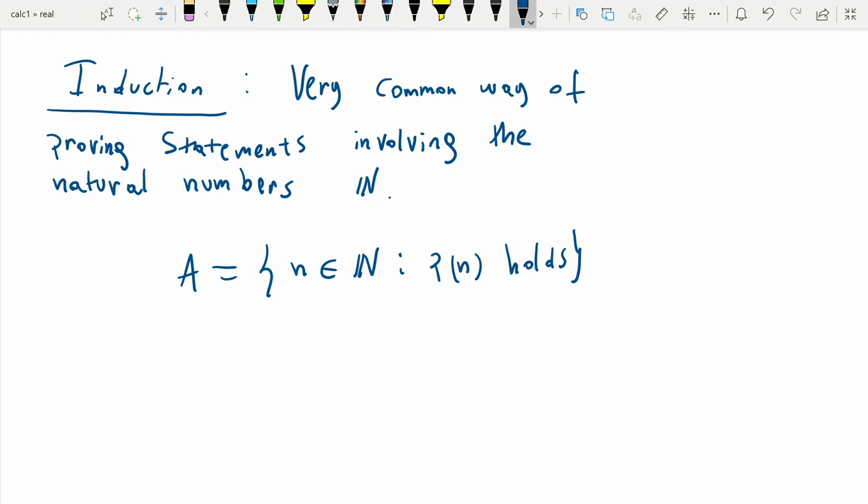So here, to check that something holds for all the natural numbers, we must show that A is equal to N.